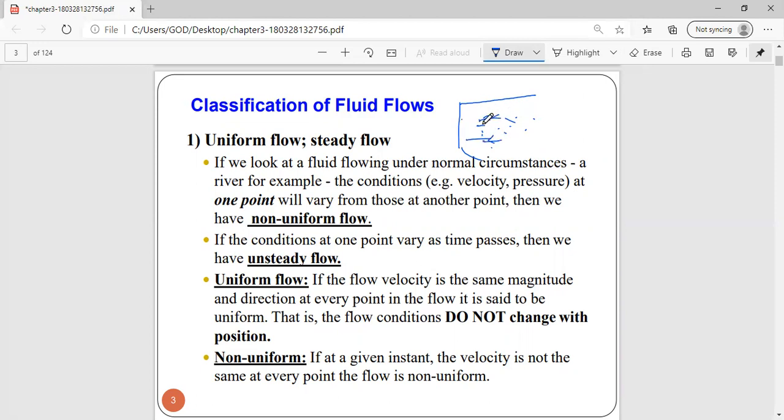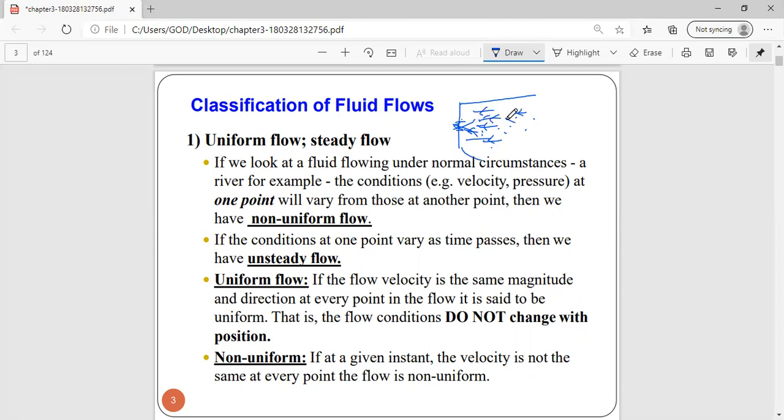For instance, water is stationary, so I have not considered any type of flow. I simply constructed a dam for saving water. After some days, what will happen? This dam is filled with water. Then you open a small gate, so the water is trying to escape from this small gate.